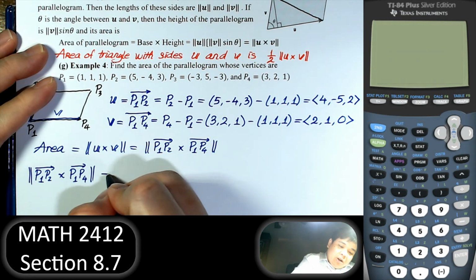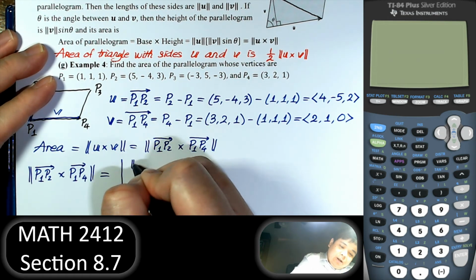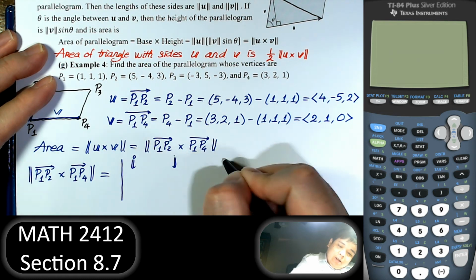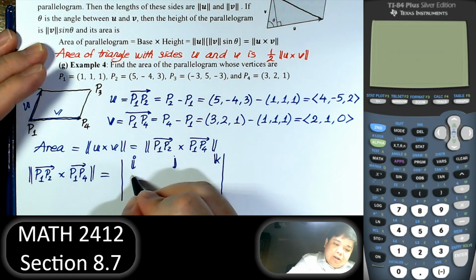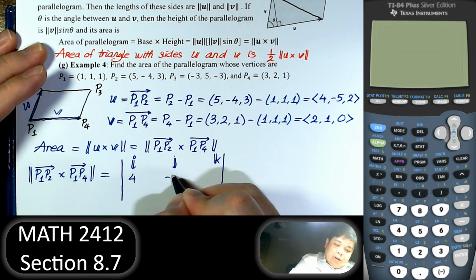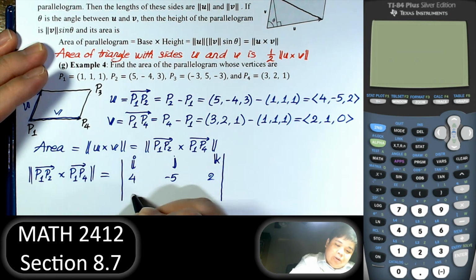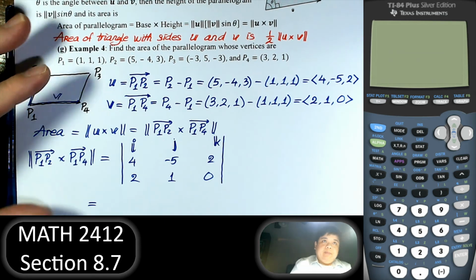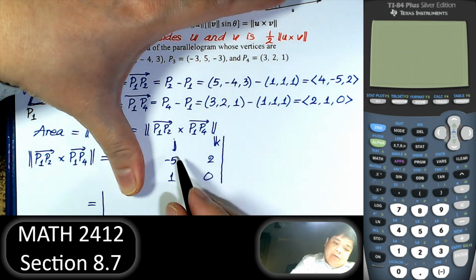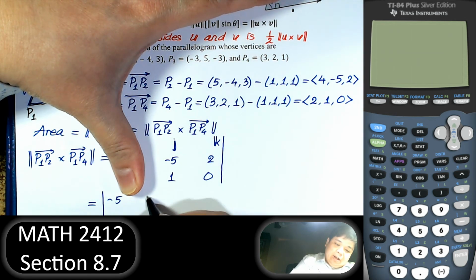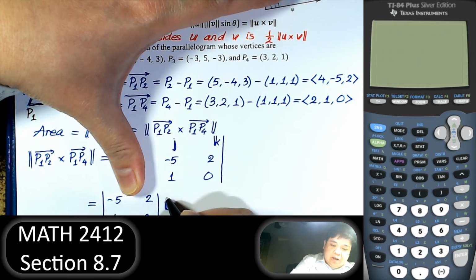So the cross product of these two: I, J, K, 4, -5, 2, 2, 1, and 0. For I we have -5, 2, 1, and 0 in the I direction.